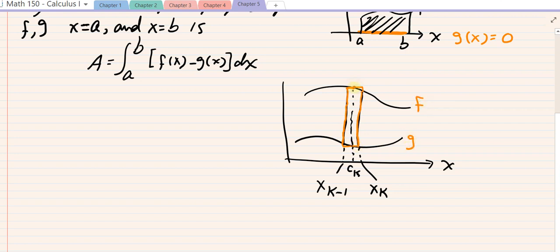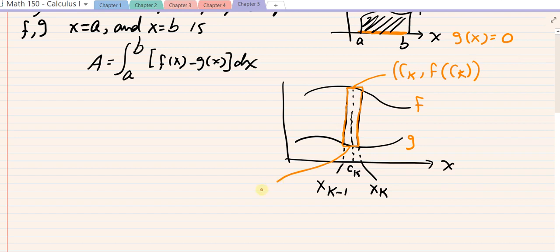Now the upper limit of the rectangle, because I'm trying to find the height of the rectangle, right? If we go height times width, then we have the area of that selected rectangle. The coordinates of this point are c sub k and f at c sub k, which is not quite the height, but the upper boundary of the height.